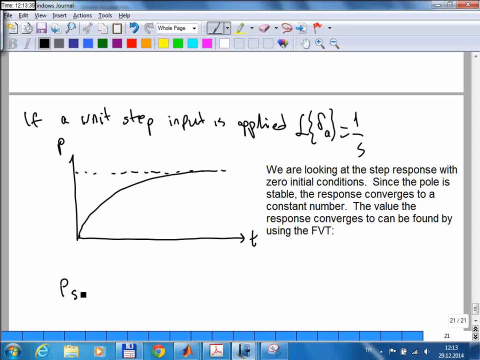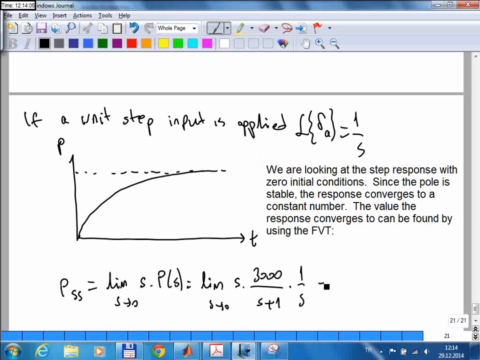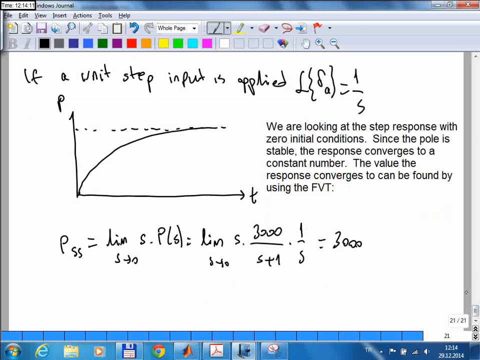So the steady state value, let me call that PSS, is given by s times G of s, which is 3000 divided by s plus 1, times the input, which is 1 over s. So the result is 3000, right? And this 1 over s is used here.